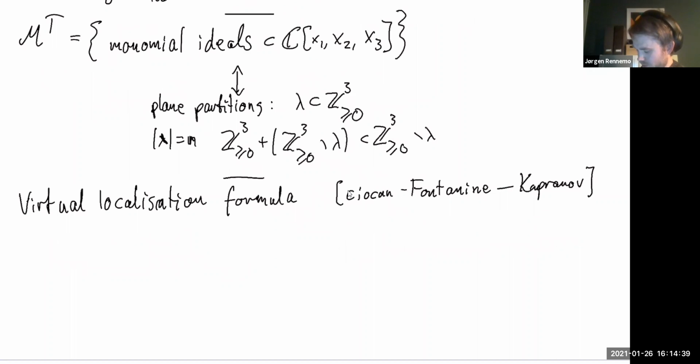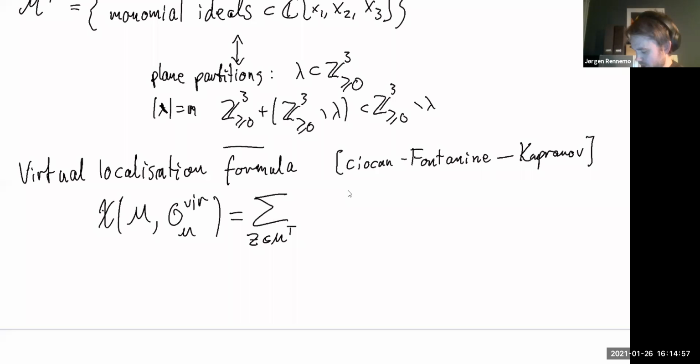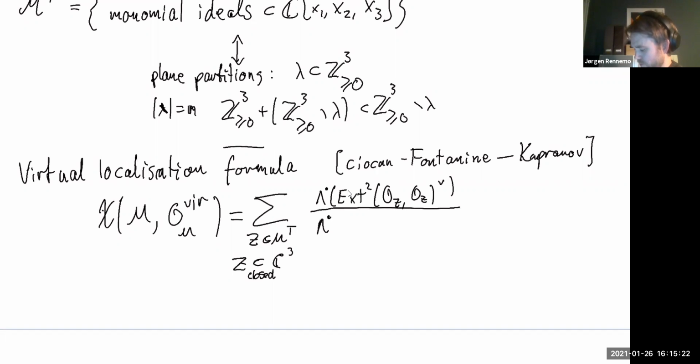Which says if you want to evaluate this, what you're doing is you're summing over fixed points with a specific contribution. And recall, a fixed point in the Hilbert scheme is by definition a closed subscheme of C3, and so we can define it by writing down the following expression.